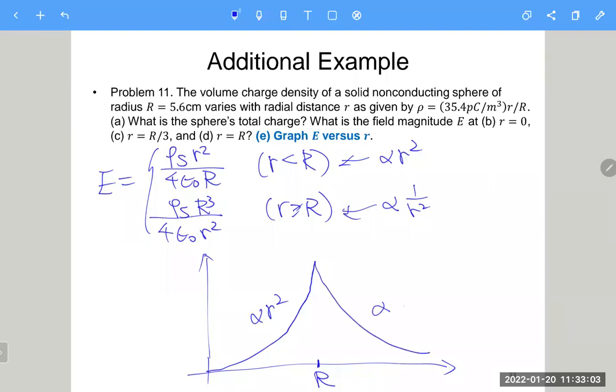And of course, at this point, this axis is E and this is r. This is 0.056 meter, and this point will be 5.6 times 10 to the minus second Newton per Coulomb, like this. So this is the graph.